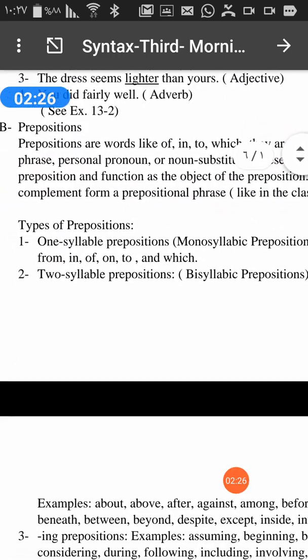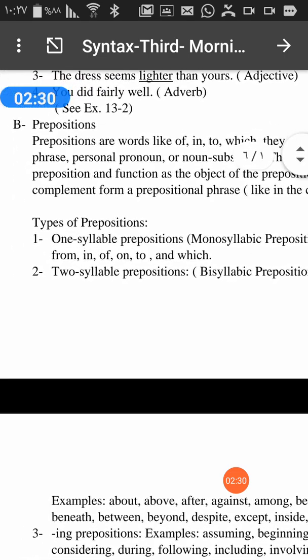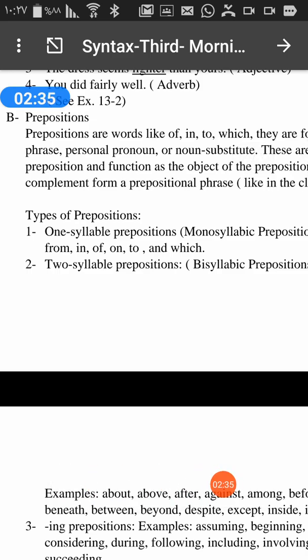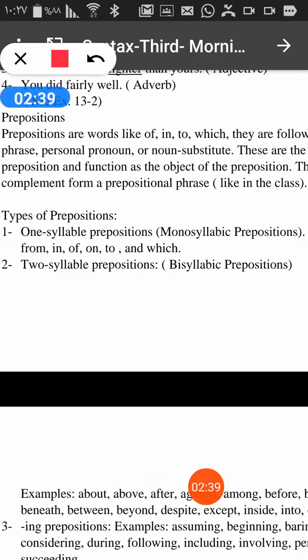There are types. Now we talk about types of prepositions, أنواع حروف الجر. Number one, only one syllable prepositions, they are called monosyllabic prepositions.